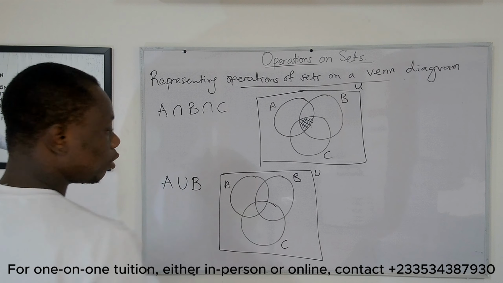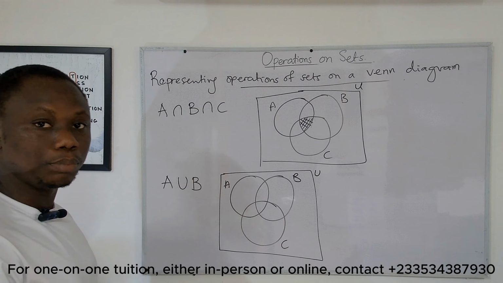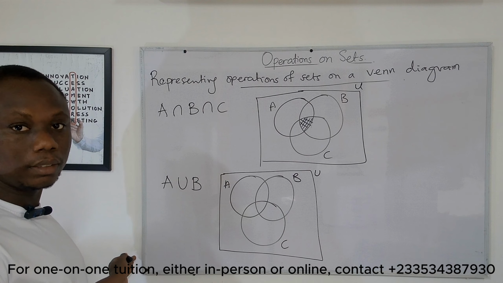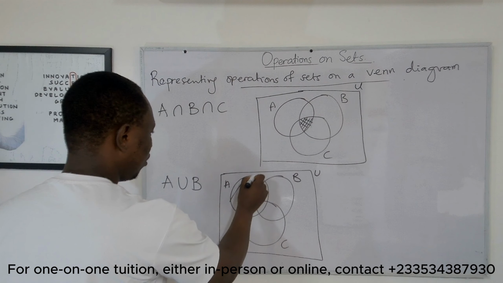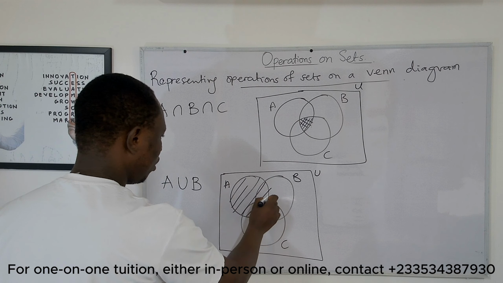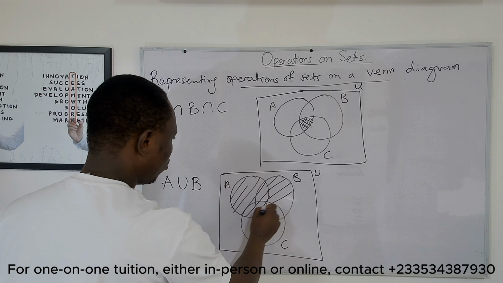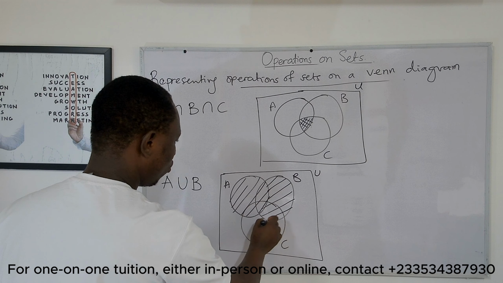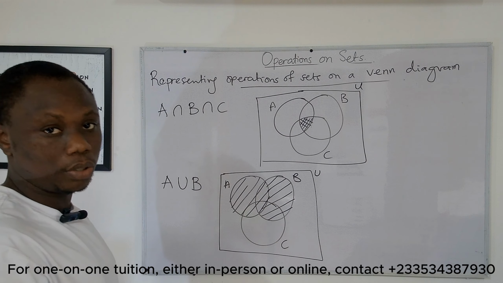A union B is all that can be found in A and can also be found in B. We don't care about C at this point. So what am I shading? This is in A. They are all in A. And this is also in B. So when we talk about this region, it is just A union B.